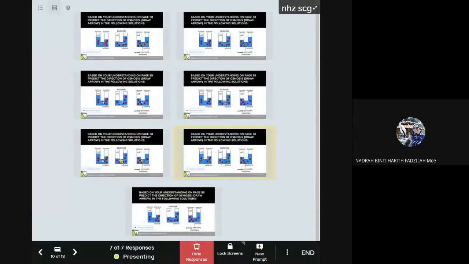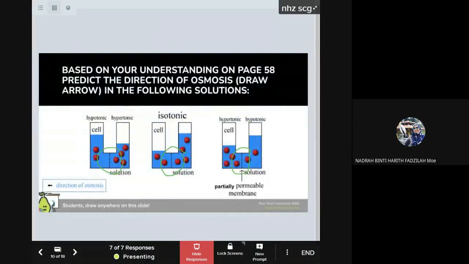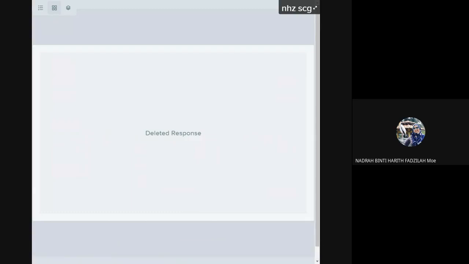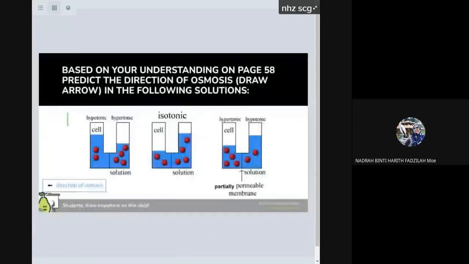Okay, this one is my slide. Pada Google Meet sekarang, saya tunjukkan saya punya slide ya. So, kita tengok gambar nombor 1 ni. Now, apa beza the term solute concentration and water potential?